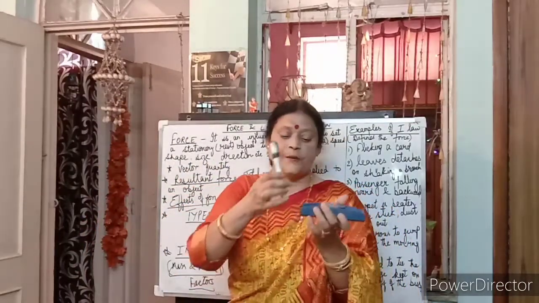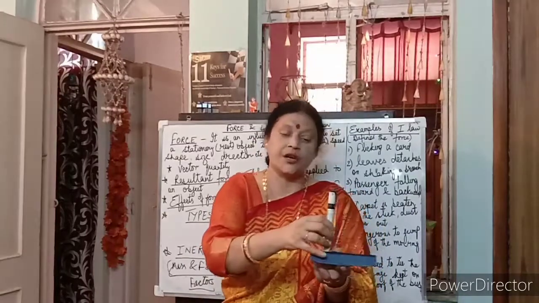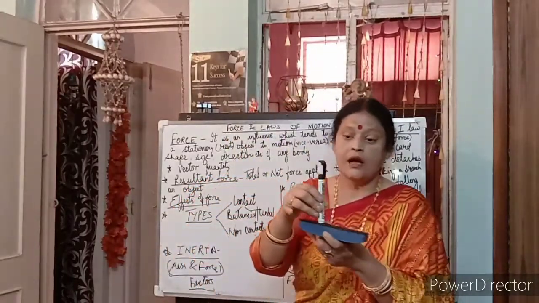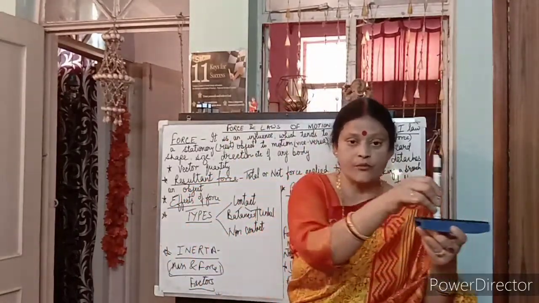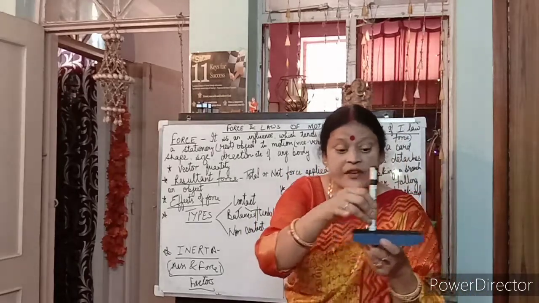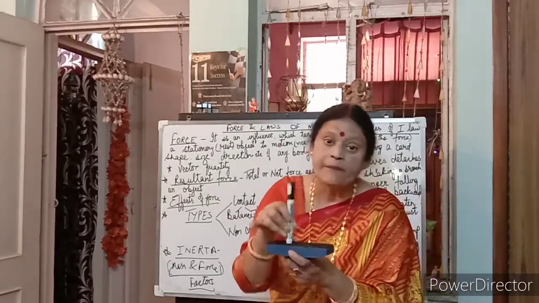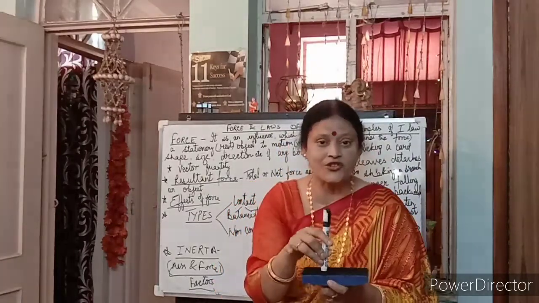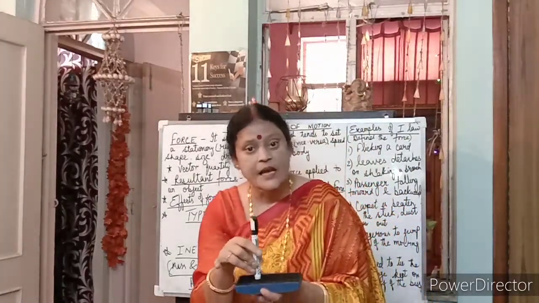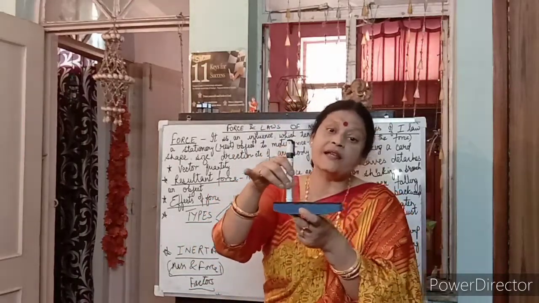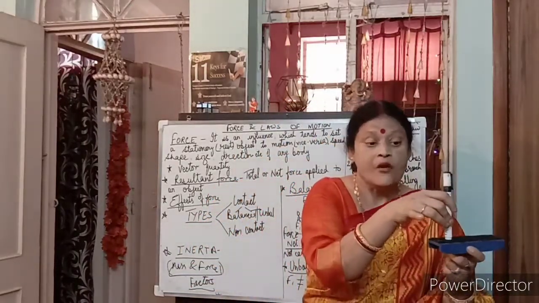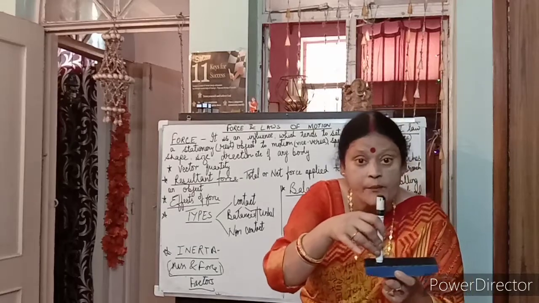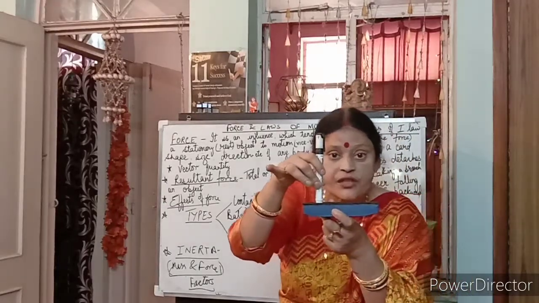Now, this is the passenger and the bus. Clear? Both are in the state of inertia of motion. But what happens when the bus stops suddenly? The passenger falls forward. Why? Very important question, a 2 marks question comes. See, initially both are in the state of inertia of motion. When the bus stops, the lower part of the body is in contact with the bus.